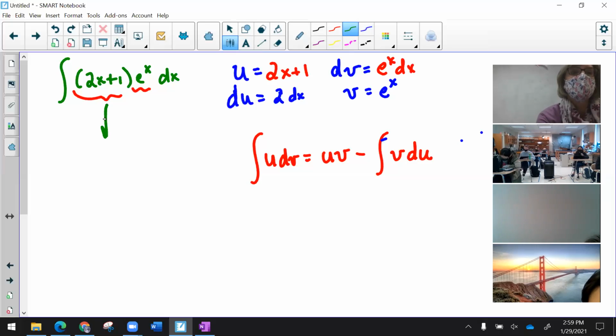So my integral here is going to be equal to u times v. That's going to be 2x plus 1, which was u, times e to the x, which was v.